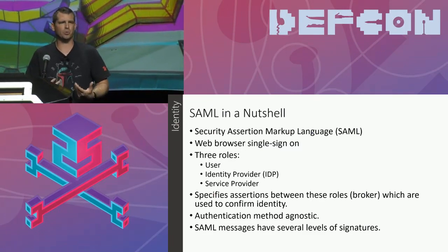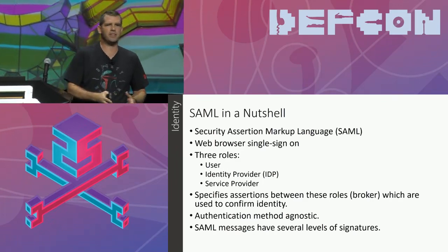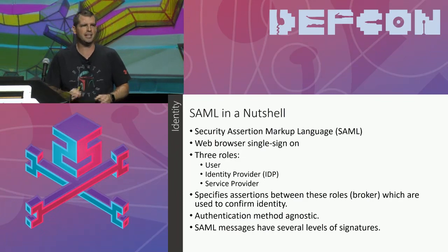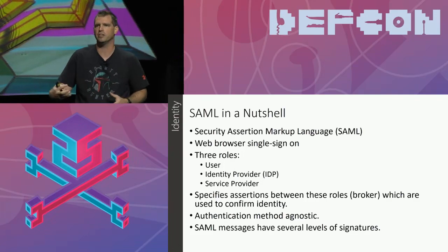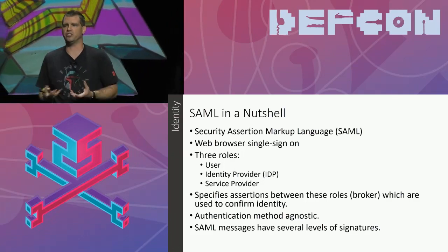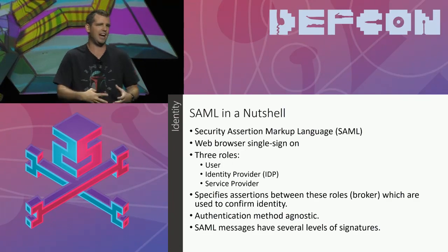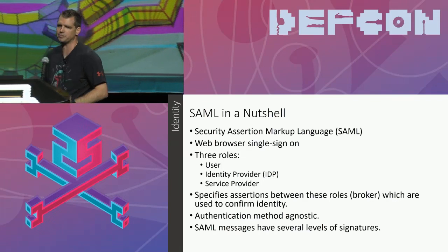So it's providing a broker-type service. Now, SAML is authentication method agnostic, so it could be Active Directory, it could be LDAP, it doesn't really matter. But the key to this is these SAML messages are leveraging these certificates, these signatures. The SAML message itself is signed, and there's a number of certificates or signing that occurs inside to ensure the trustedness of the whole system.